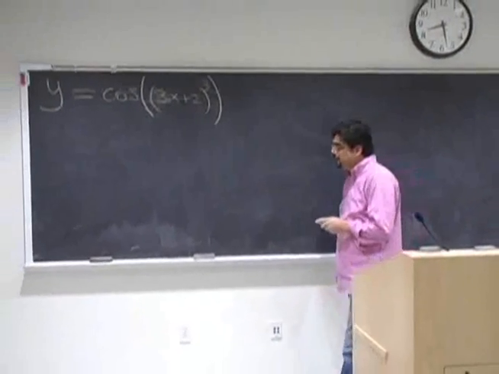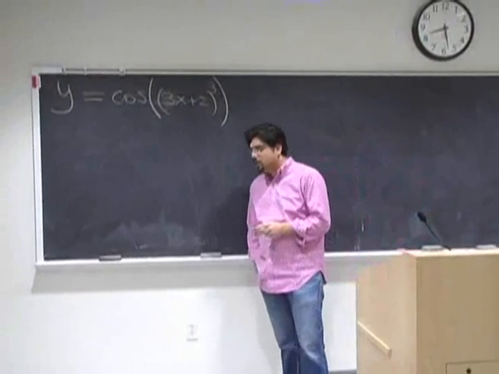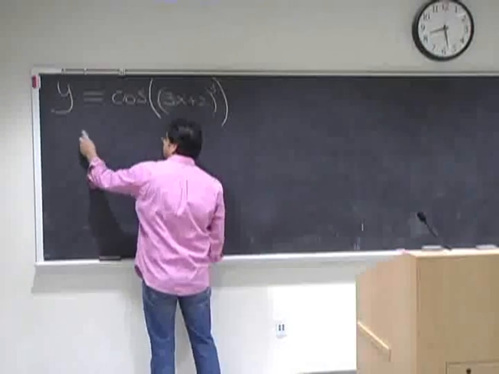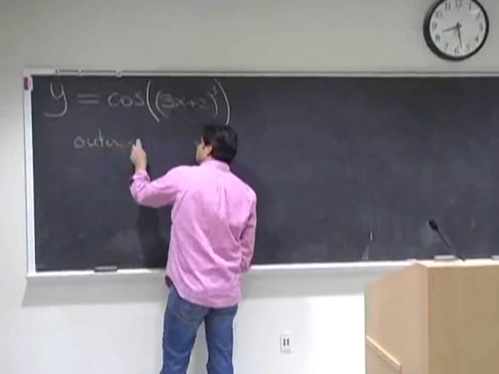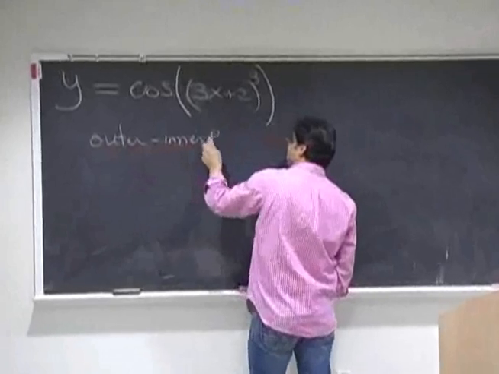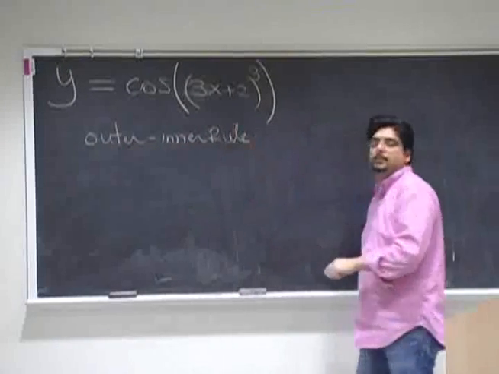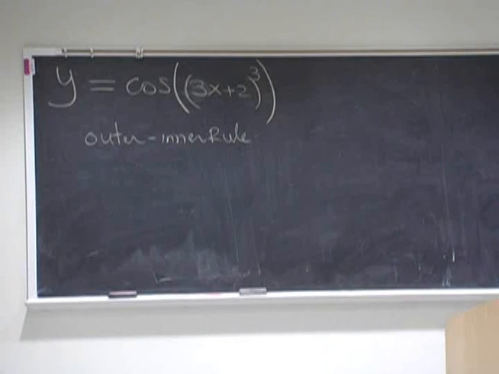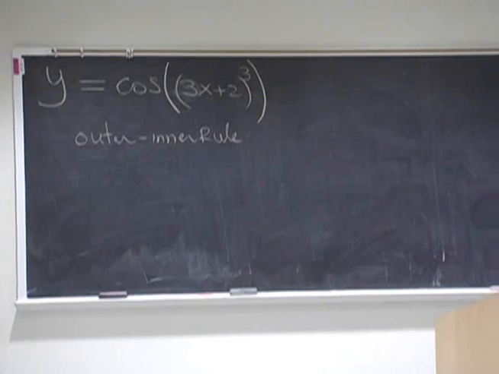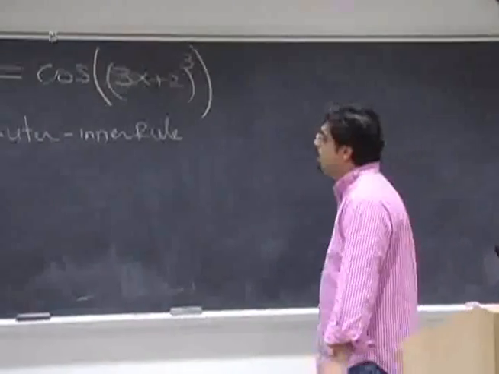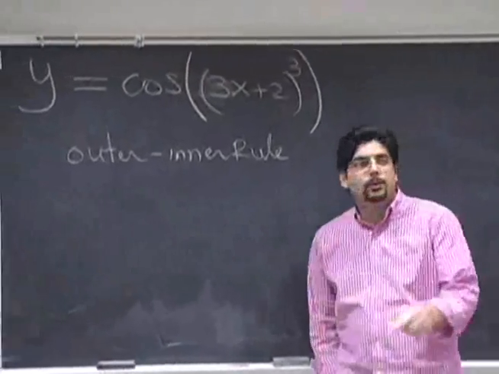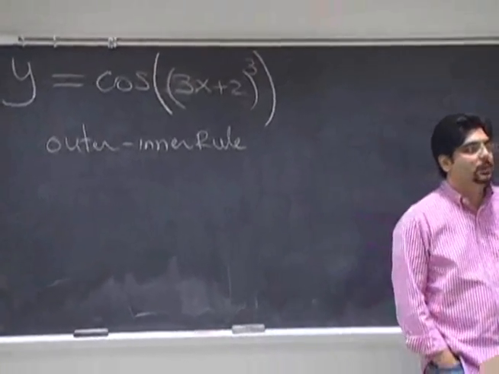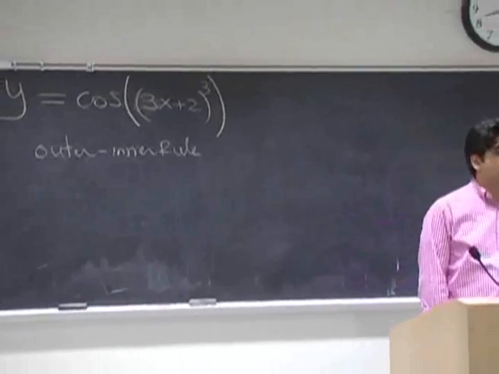So there's an interpretation of the chain rule called the outer-inner rule. The best way to understand the outer-inner rule is to try to figure out the outermost function when we're working with composite functions.